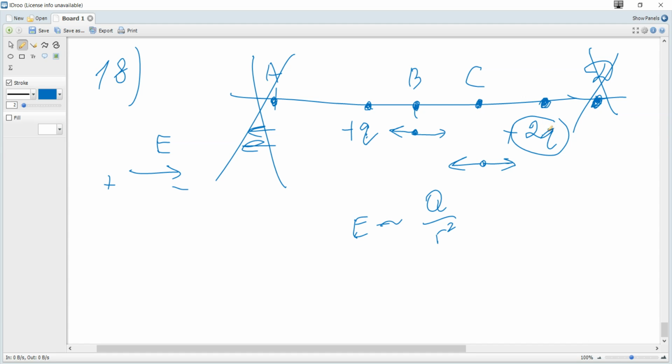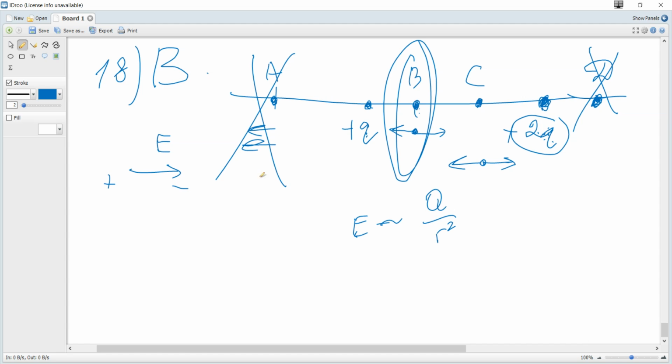Charge 2Q is larger, but since distance is larger, it will be balanced by smaller Q and smaller R, so it's B. At C, charge 2Q is larger and distance is smaller, so field due to 2Q will be large and there will be resultant field. So it's B.